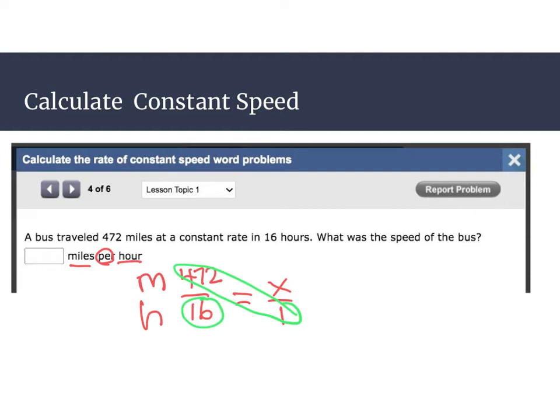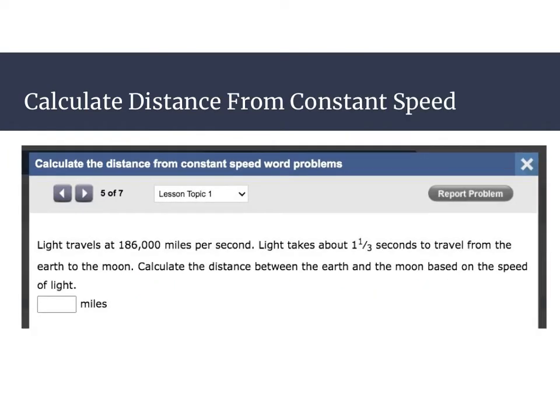And you could simply divide 472 by 16, which is the same thing that we would get by multiplying 1 times 472, and we divide that by 16. And our answer becomes x equals 29.5 miles per hour.